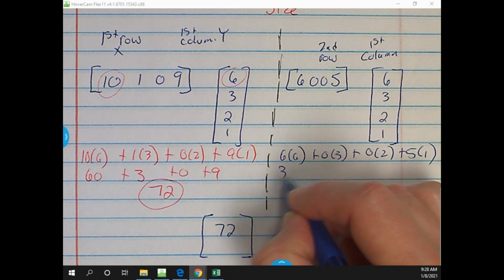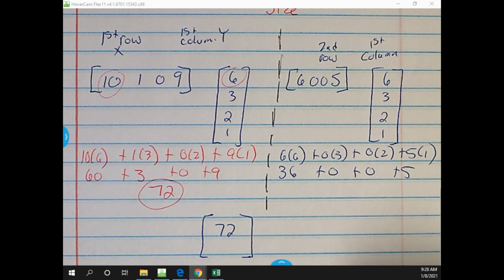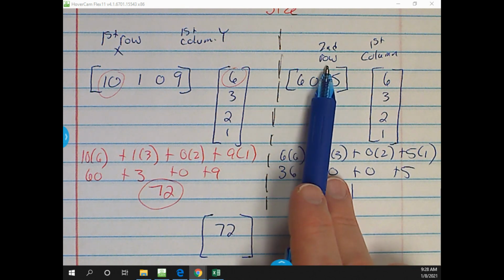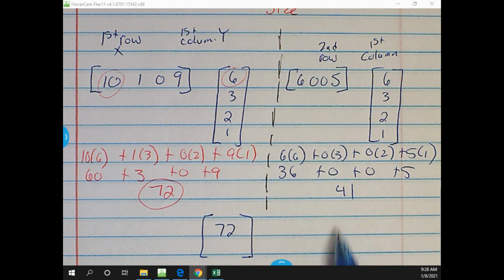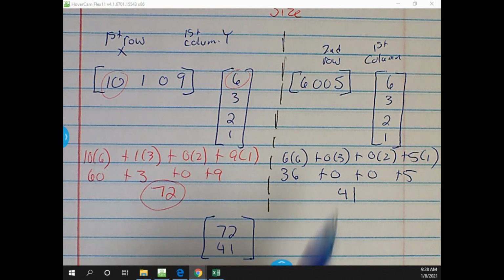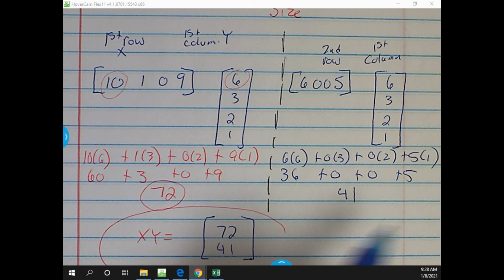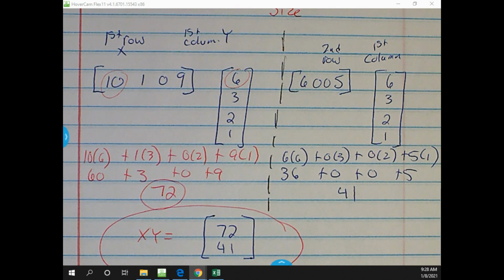So that's 36 plus 0 plus 0 plus 5. And that's 41. So that goes in the second row, and that's the first answer that's in the second row, and that's, again, the only answer that's in the second row. And there you go. There's your number we're looking for. Okay, and there's the answer to matrix x times y, 72 and 41.